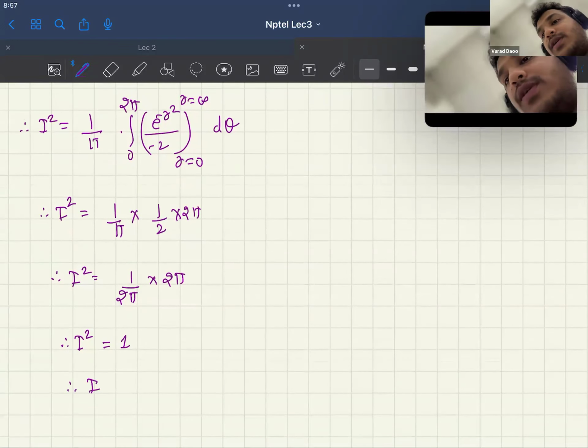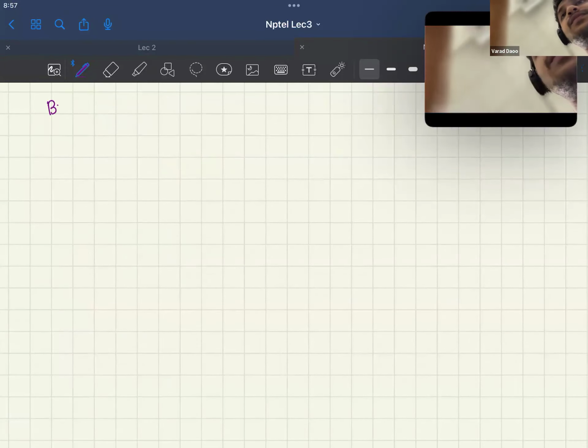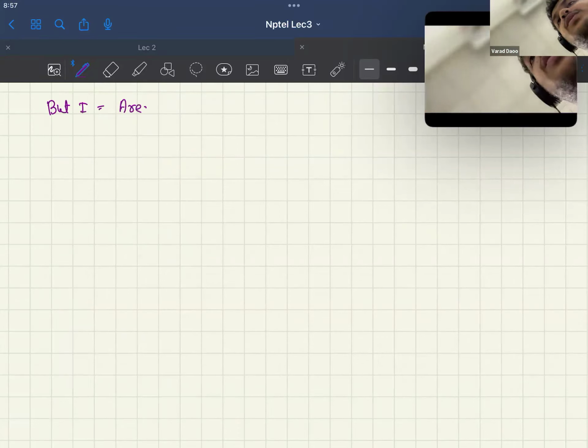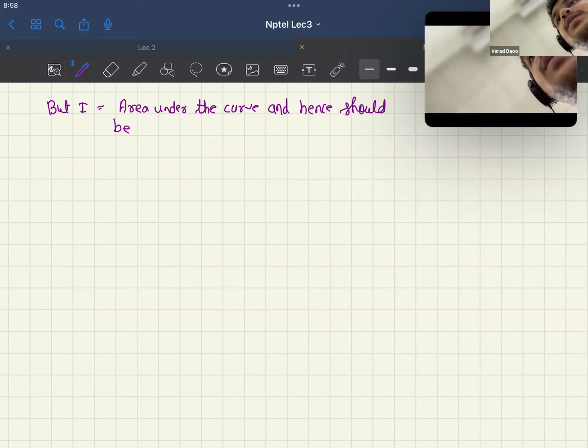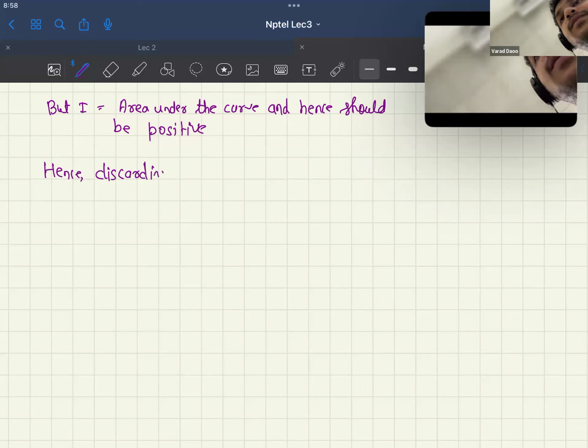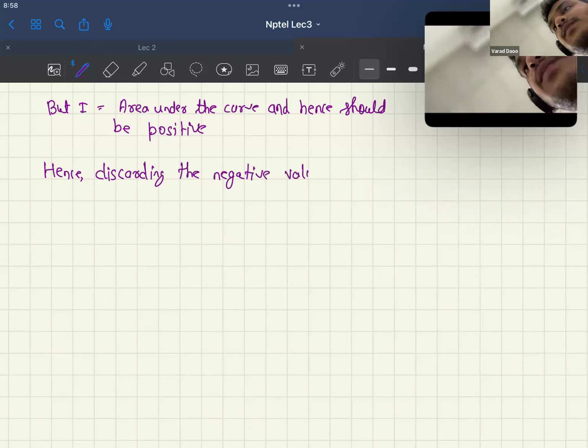Therefore, I is equal to plus or minus 1. But I is equal to the area under the curve, right? And hence it should be positive. Hence, discarding the negative value of I, or minus 1, I is equal to 1.